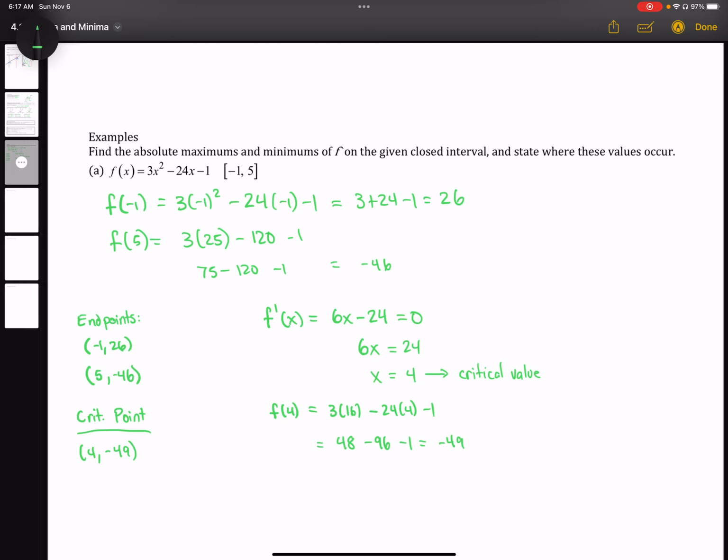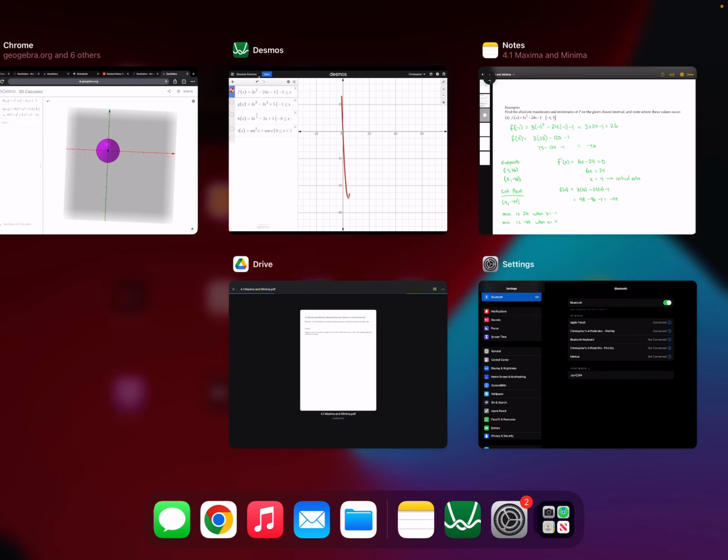So it seems as if our maximum is 26 when x equals negative 1, and our minimum is negative 49 when x equals 4. So let's hop into Desmos and see if that is actually true.